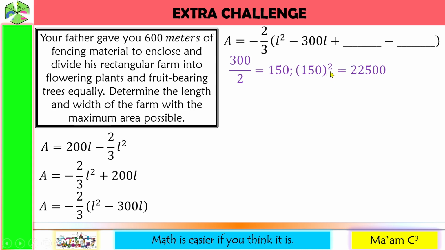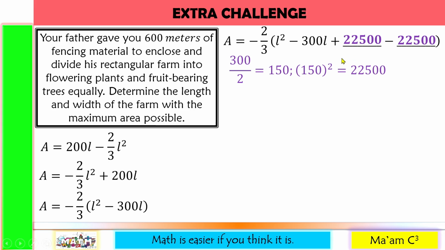So this is what I'm talking about. Even if you include the negative sign here, when you square it, it will still become positive. So we are going to add 22,500 here. If we added 22,500, we should also subtract 22,500 as if we did nothing in our equation.